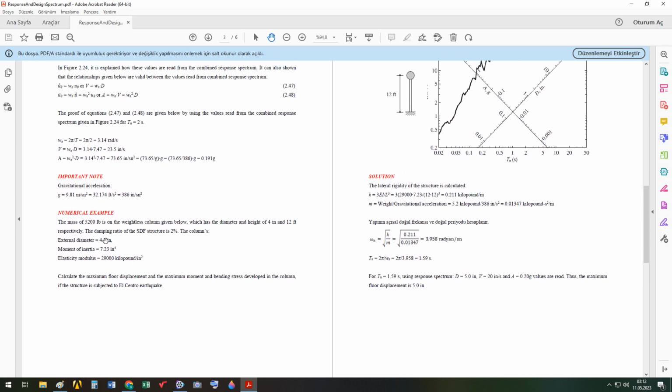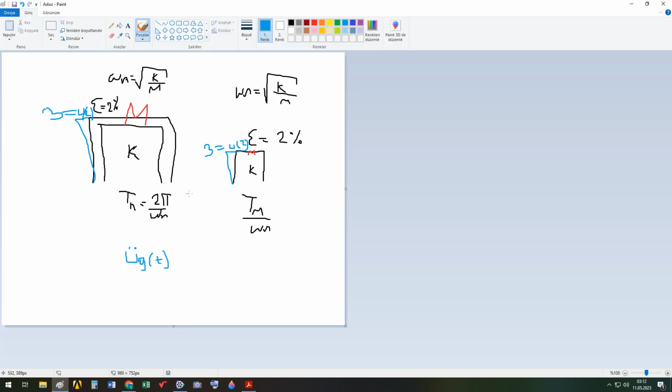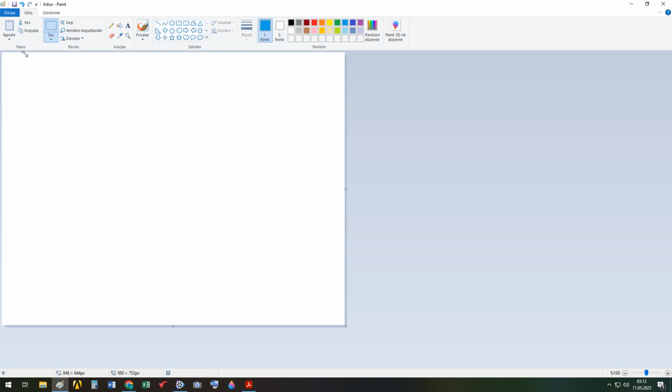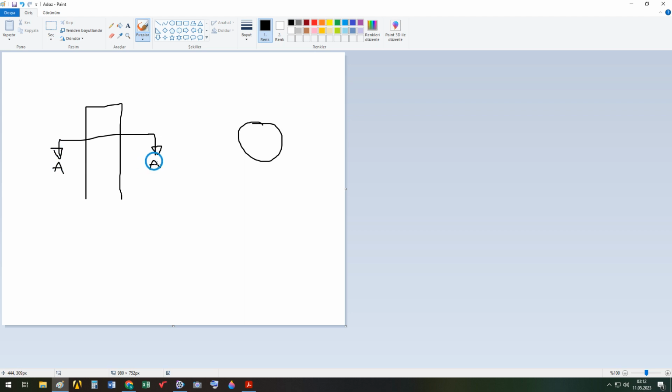Actually, the external diameter is important here. This is the column and its cross section. It's a pipe section.